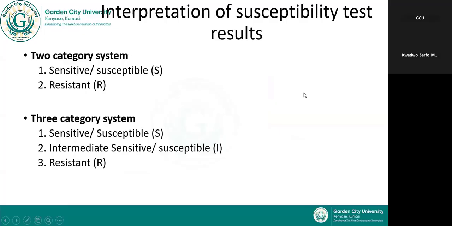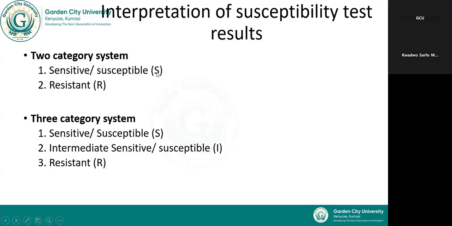So how are the results interpreted? We have the two category system where you compare with the breakpoint, you record the diameter in millimeters, and then indicate sensitive or resistant.